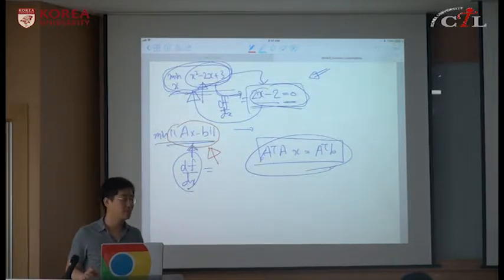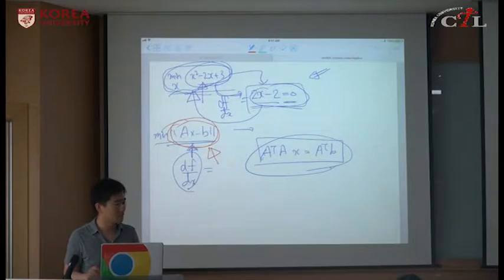The remaining part is how to compute the derivative of this.